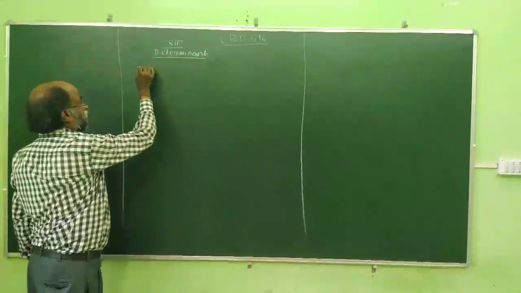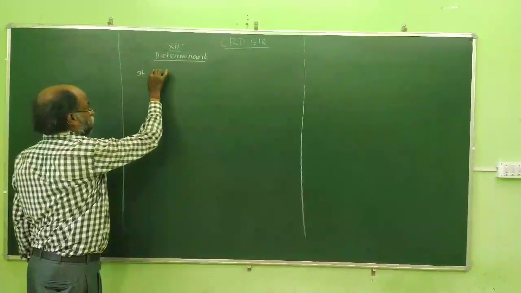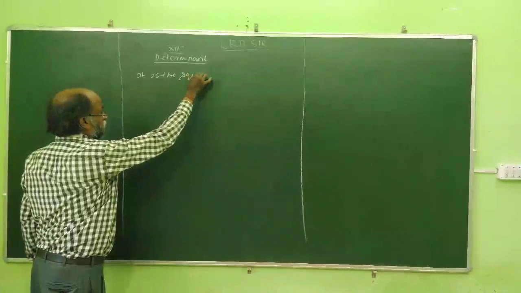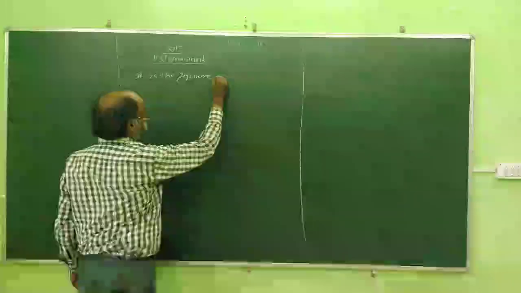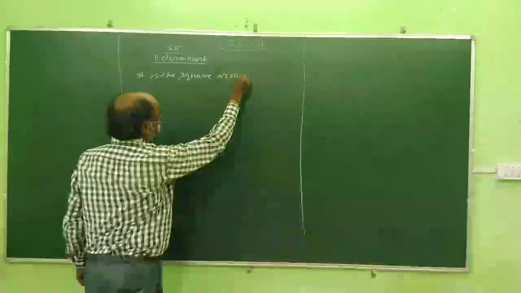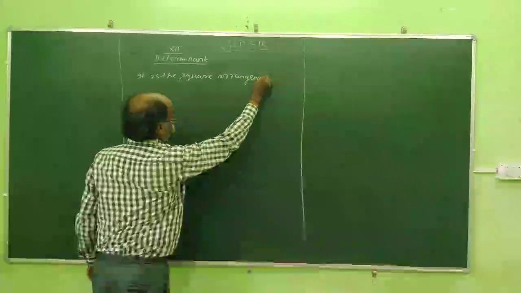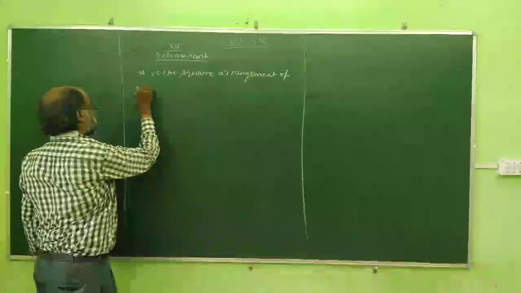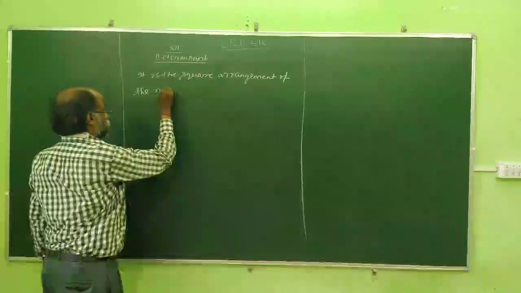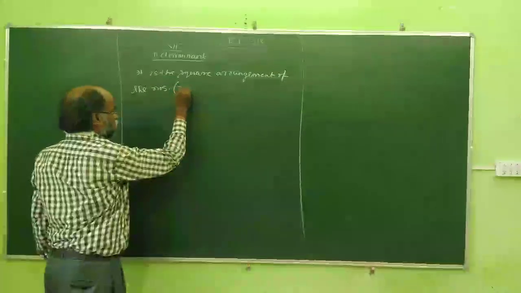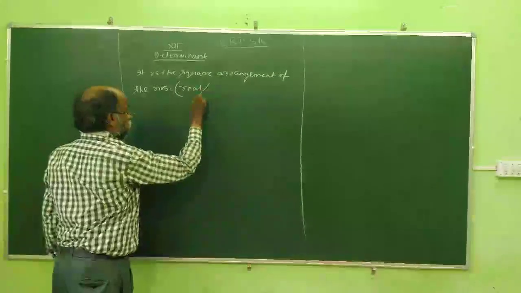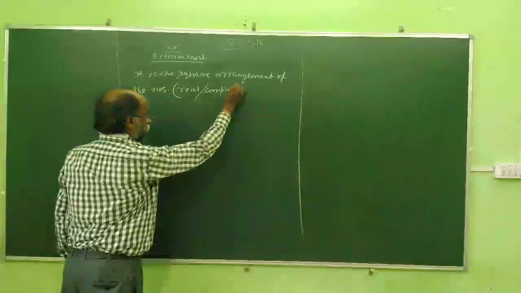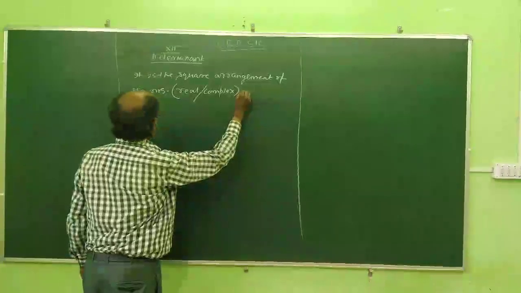What is determinant? It is the square arrangement of the numbers. Those numbers can be real or complex. Full stop.